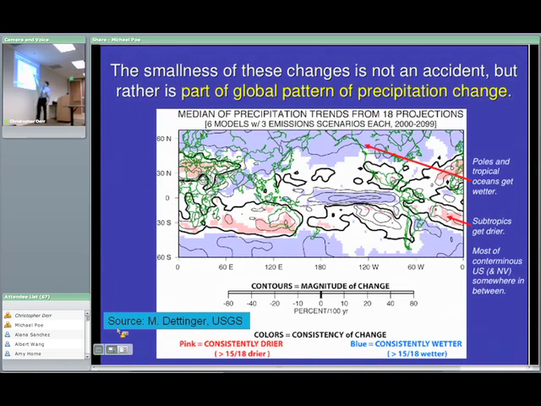This is the zero line, line of zero predicted change. And this result is an average of 18 models. Notice that the line of zero precipitation change goes through much of the U.S., including California. So we seem to be right on a border between a region that's going to get wetter in the north and drier in the south.